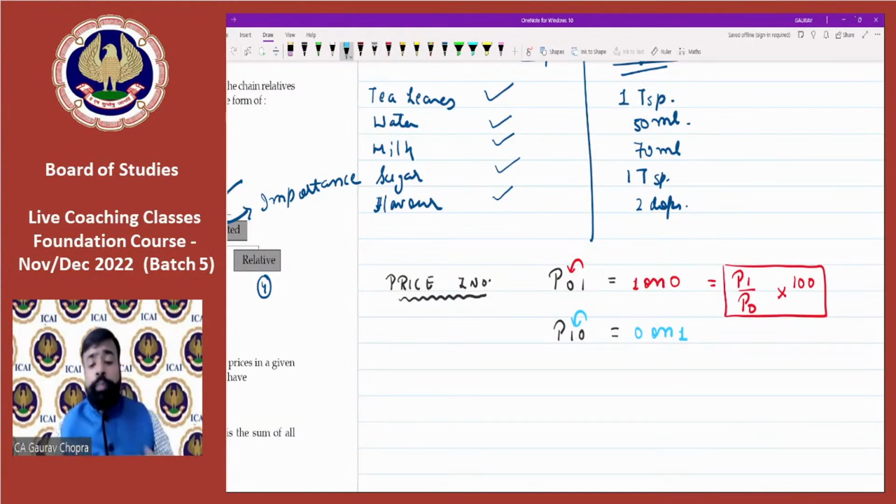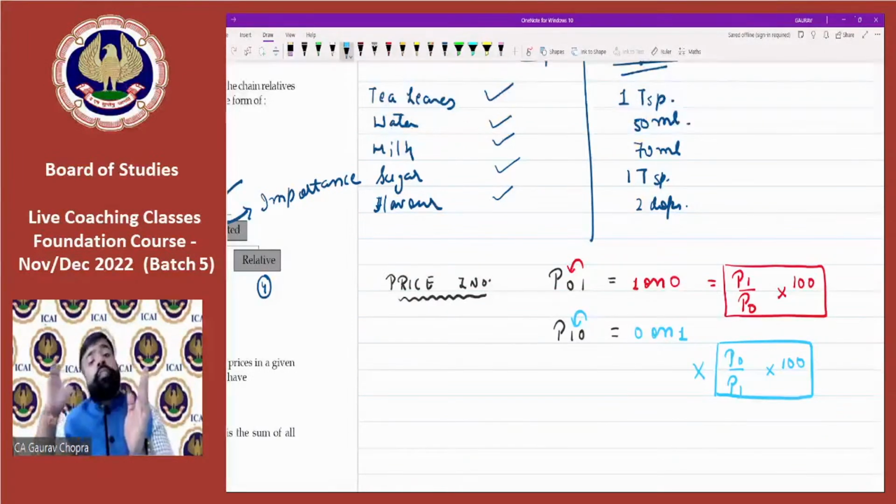And if we talk about P10, it means P0 upon P1 and then multiply by 100. So this is not used for calculation of price index number, because we always compare current year with the base year.